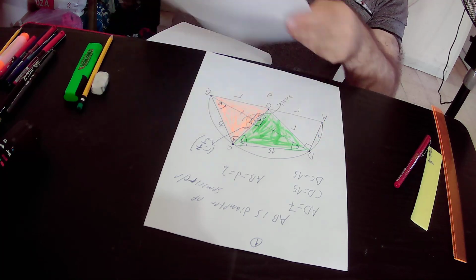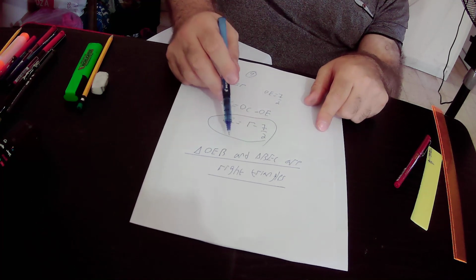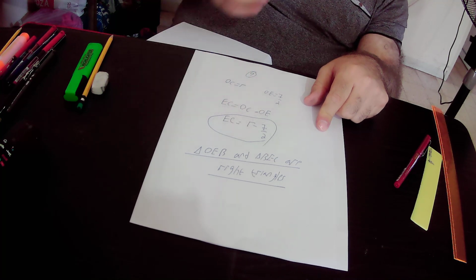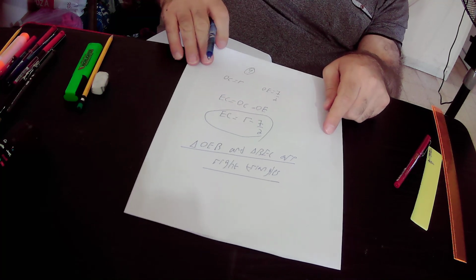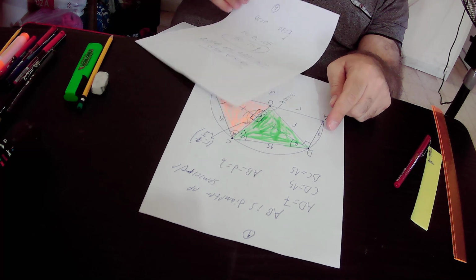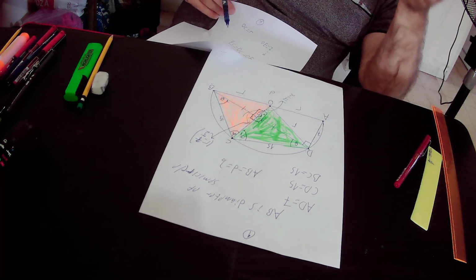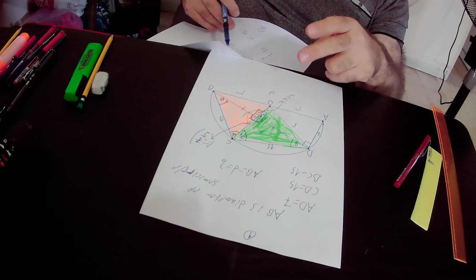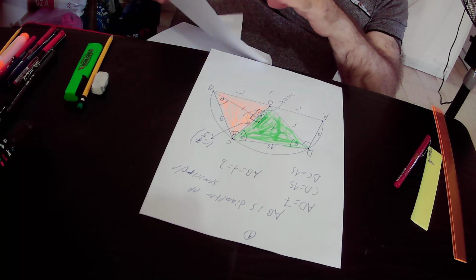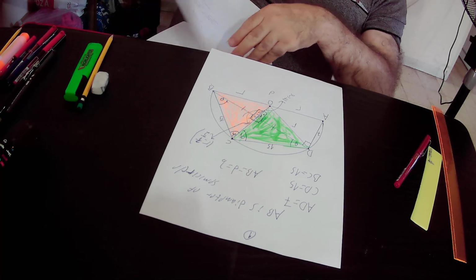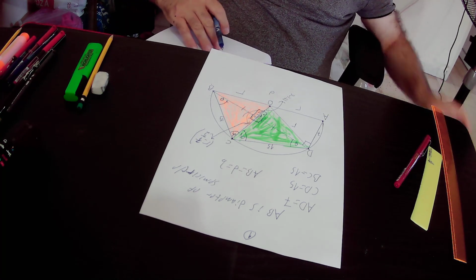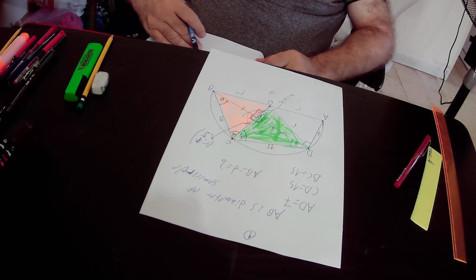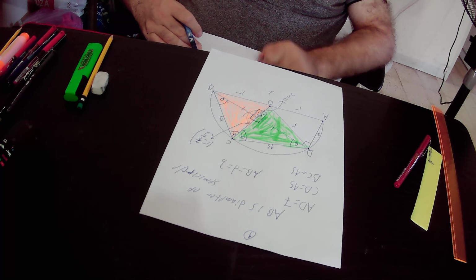So actually, triangles OEB and BEC are right triangles. So we can implement the Pythagorean theorem twice, in the two right triangles. According to the Pythagorean theorem, the square of the hypotenuse equals the sum of the squares of the perpendicular sides.